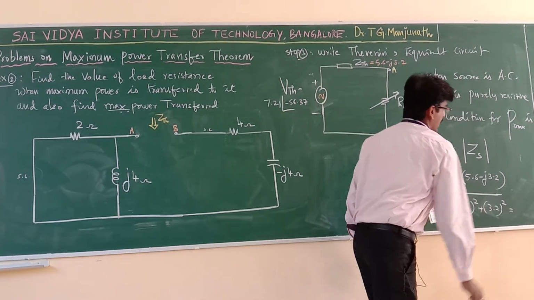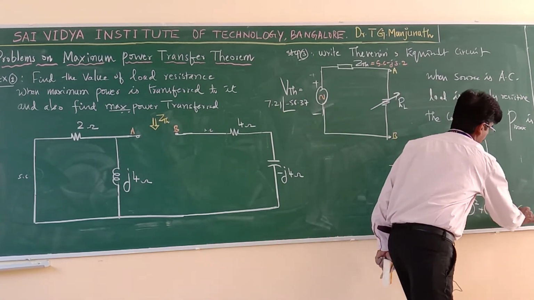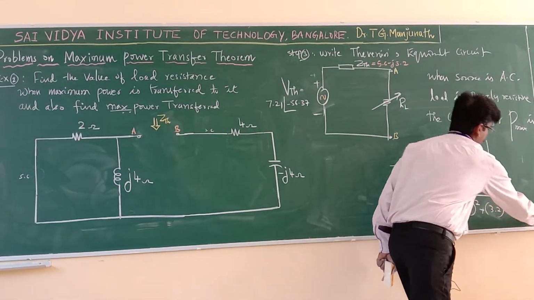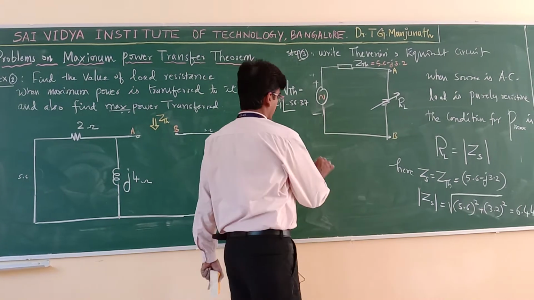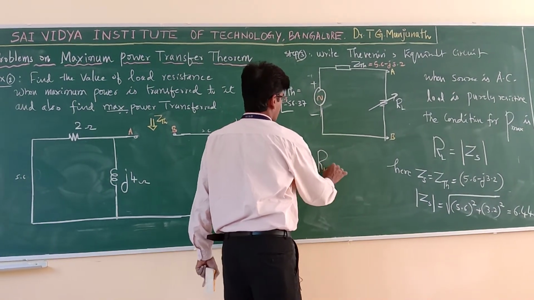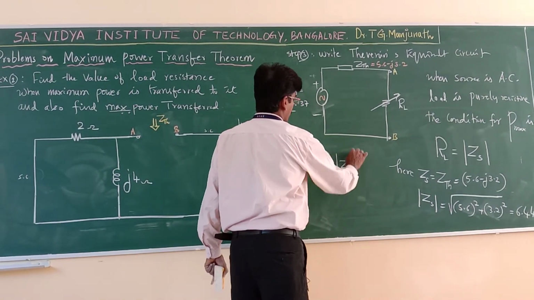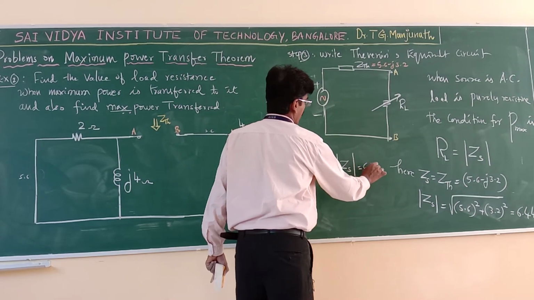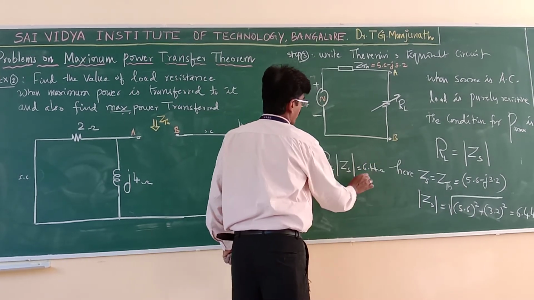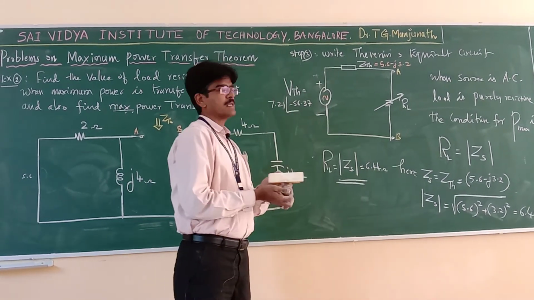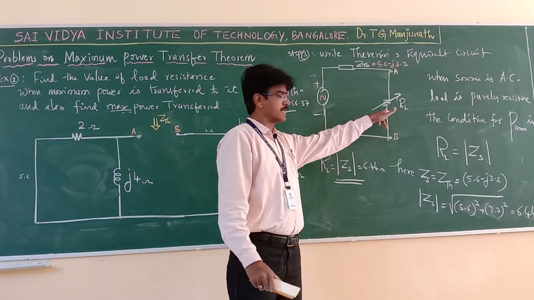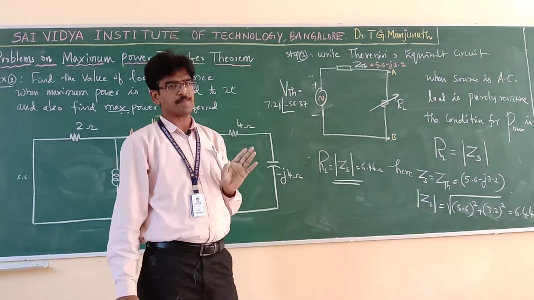If you enter in calculator, you will get this value, 6.44 ohms. Therefore, RL should be equal to the magnitude of Zs, which is around 6.44 ohms. This is the value of load resistance for maximum power transfer.